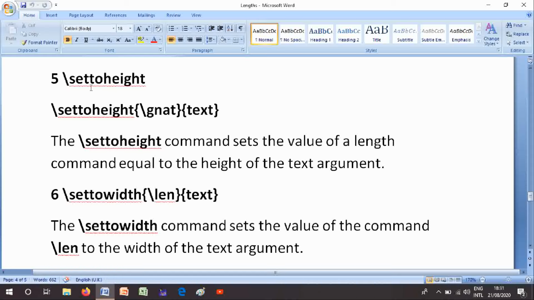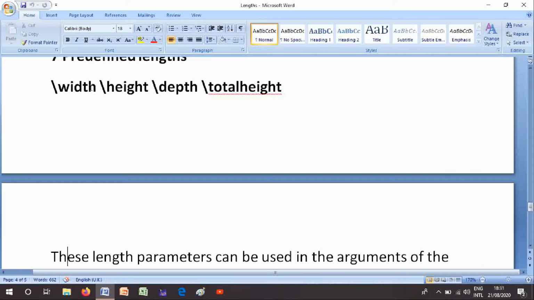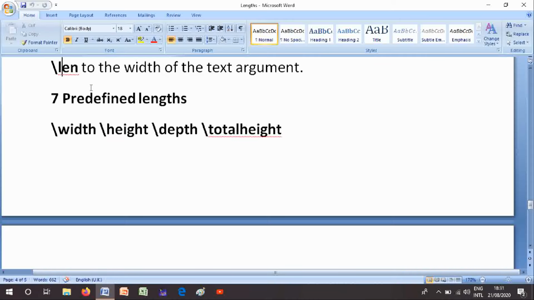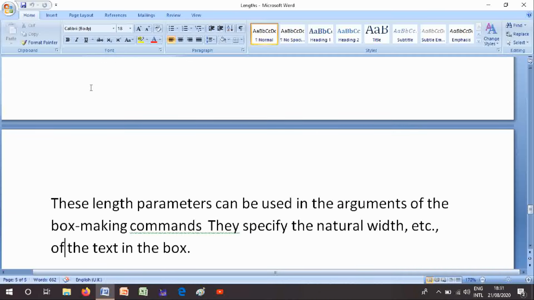Number 6 is \settowidth{\len}{text}. The set to width command sets the value of the command \len to the width of the text argument. Number 7 is predefined lengths. Predefined lengths contain \width, \height, \depth, and \totalheight. These length parameters can be used in the arguments of the box making commands.